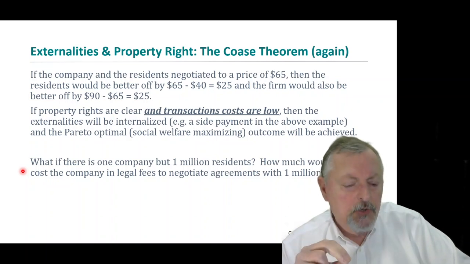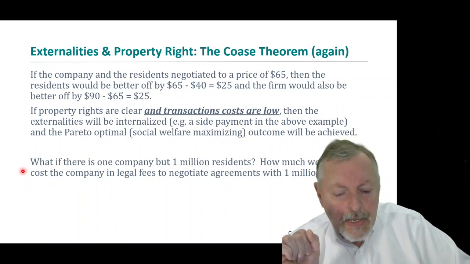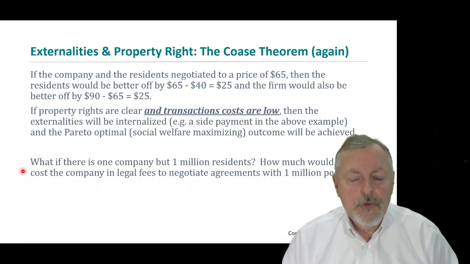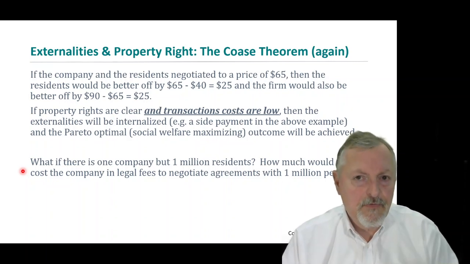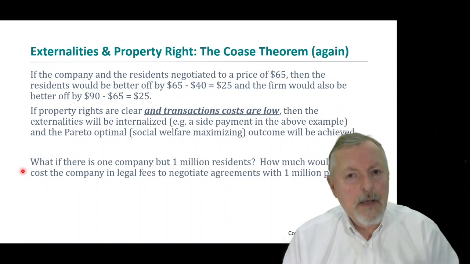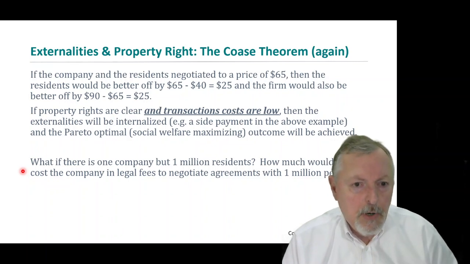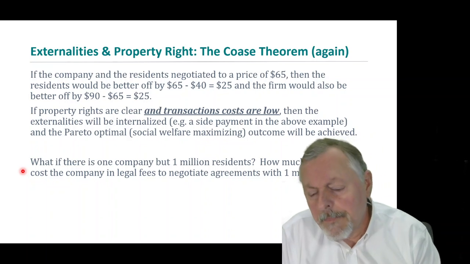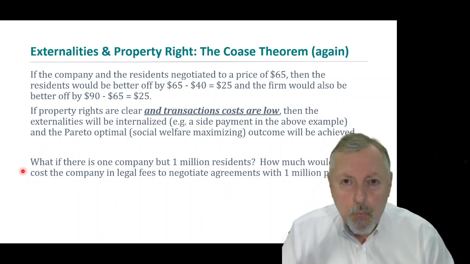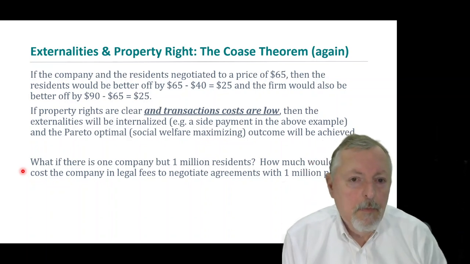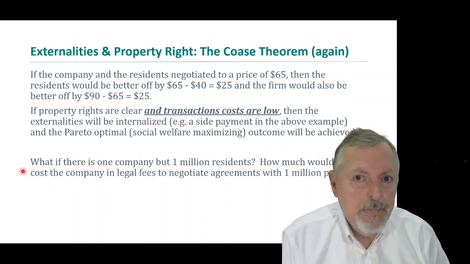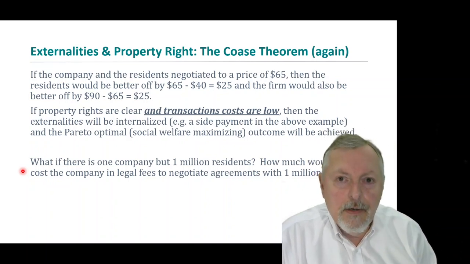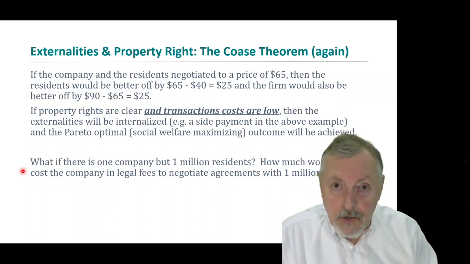But another approach that sometimes works is that government can try to satisfy the assumptions necessary for a Coasian bargain. In the transaction cost example, negotiating one firm with 1 million people, maybe government could reduce the transaction costs so that a Coasian bargain, a Pareto optimal trade, could happen.